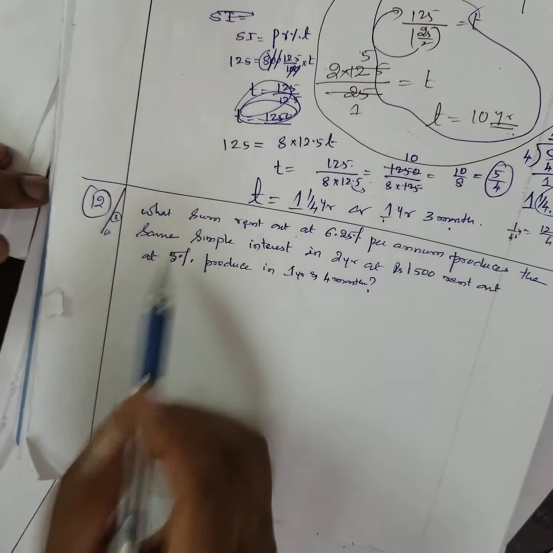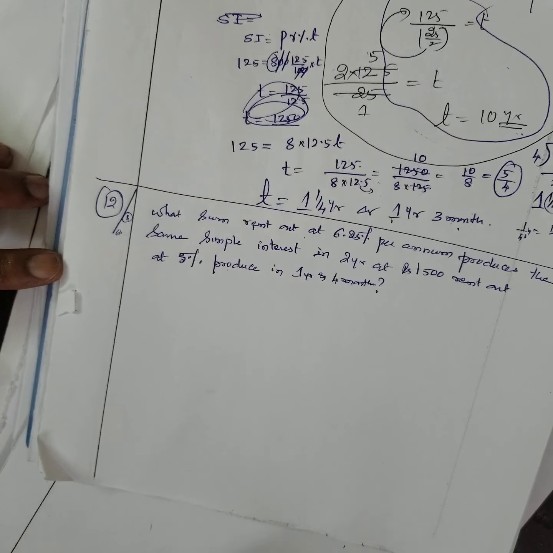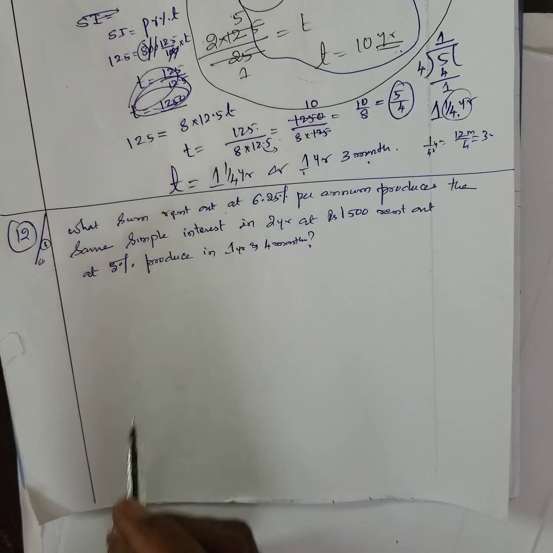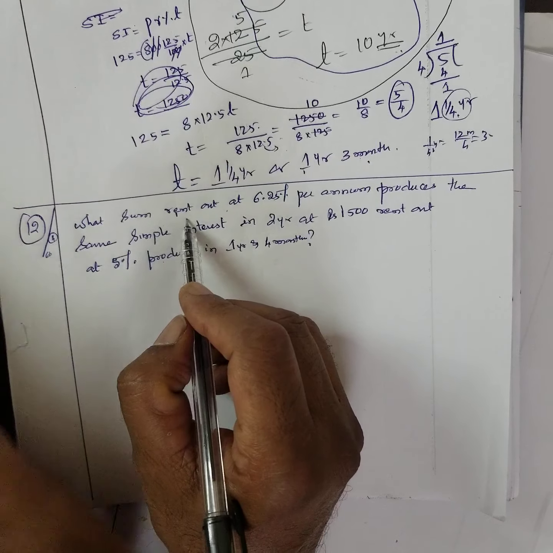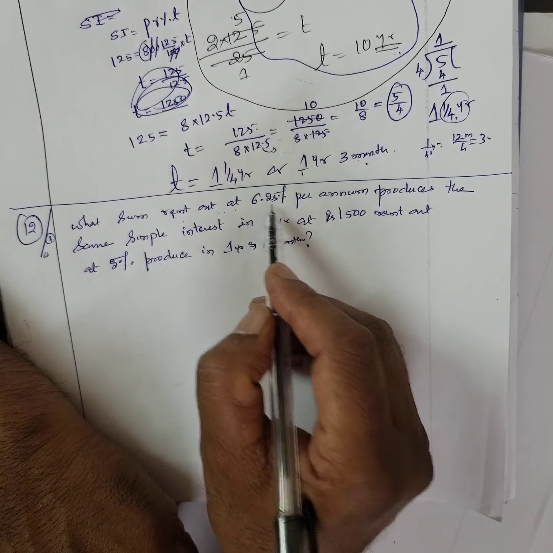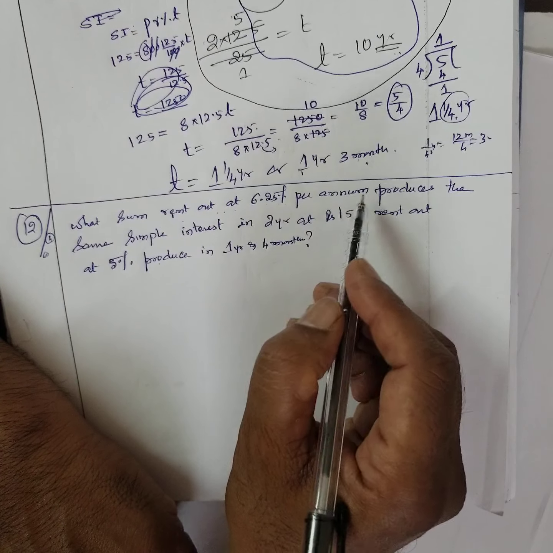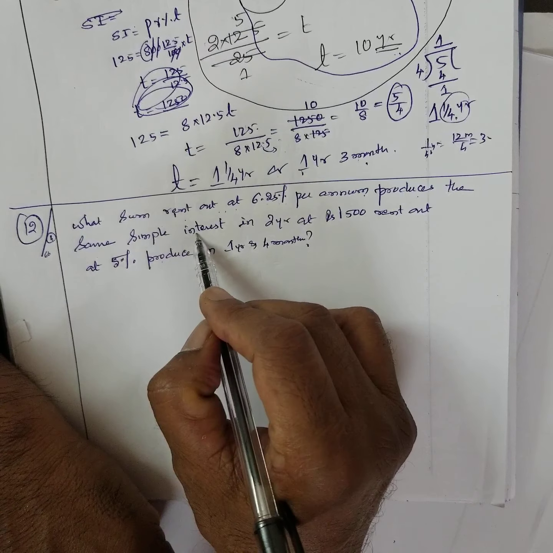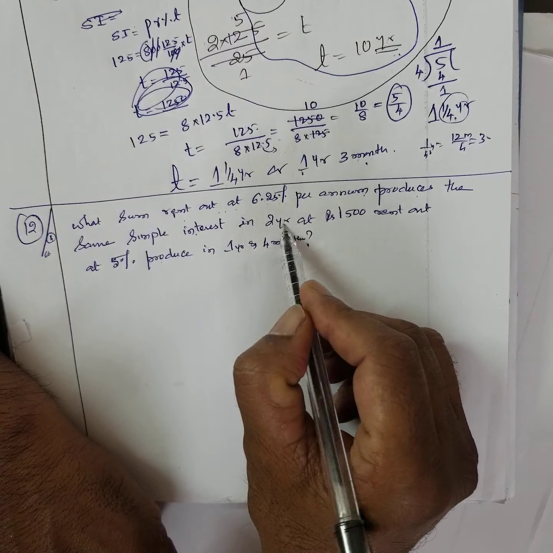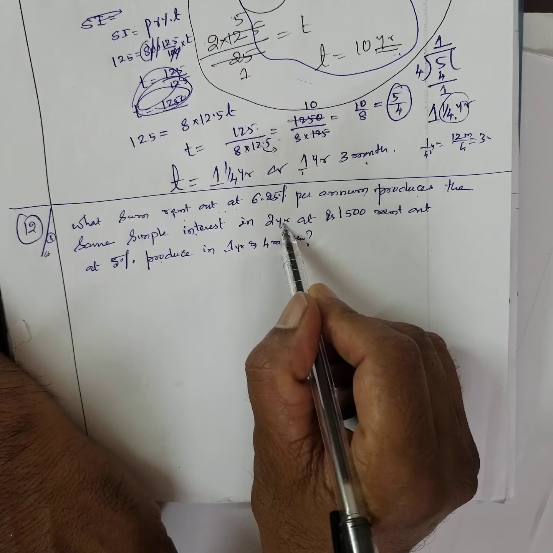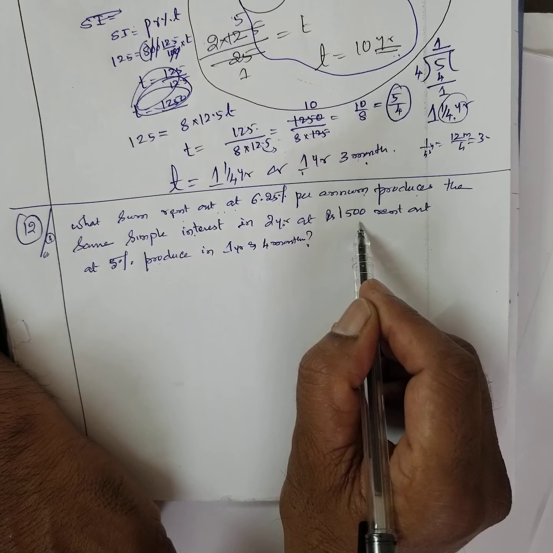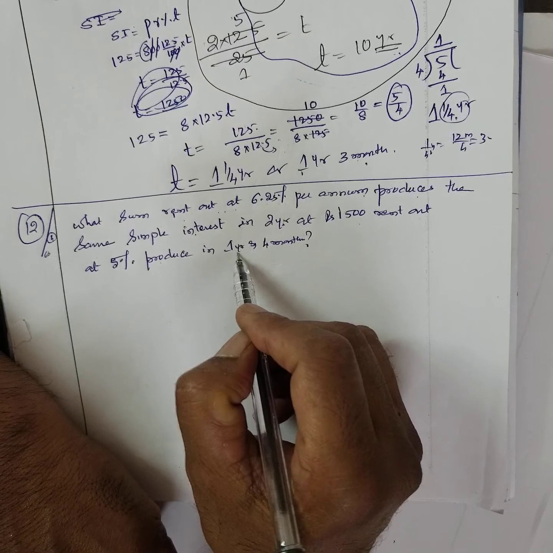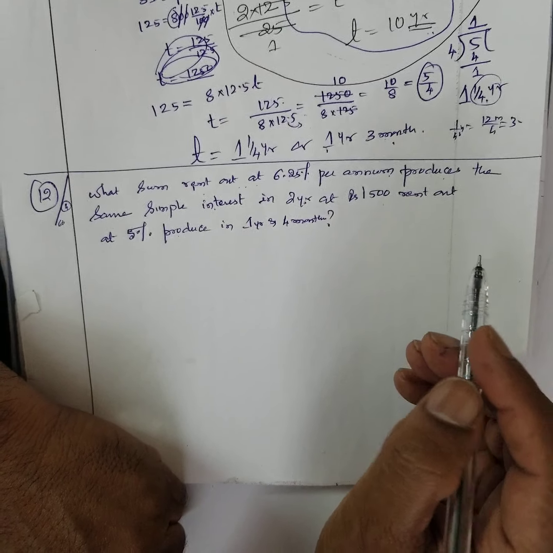Here we will see this sum, how to do this. What sum rented out at 6.25% per annum produces the same simple interest in 2 years as 1500 rented out at 5% produces in 1 year 4 months?